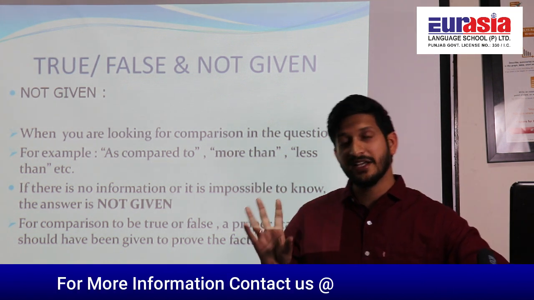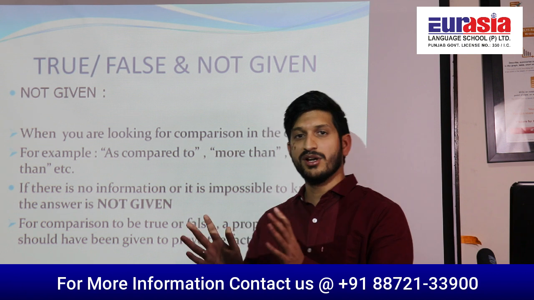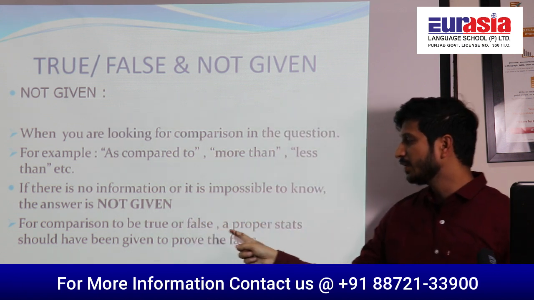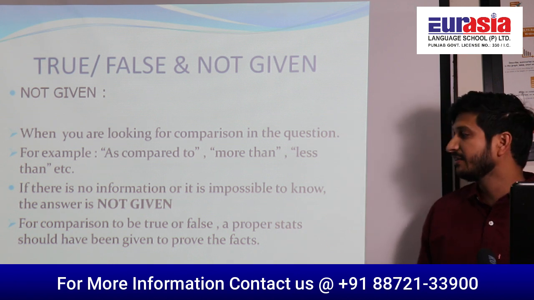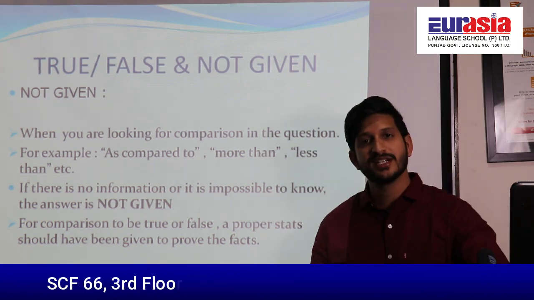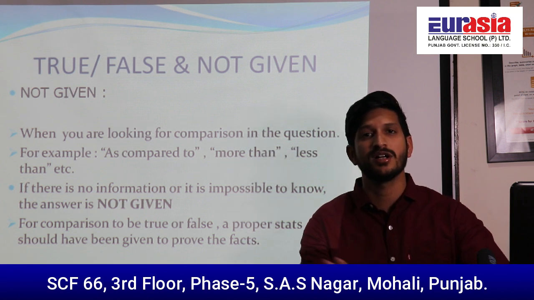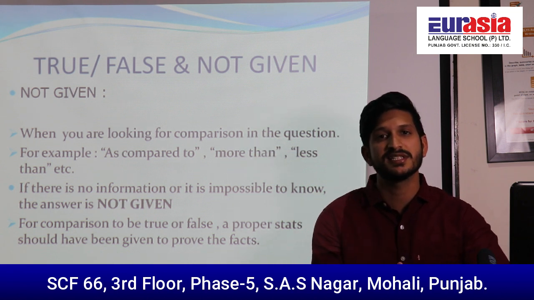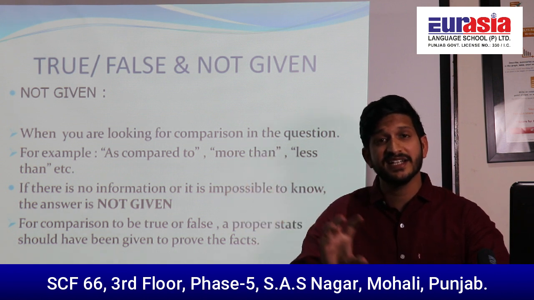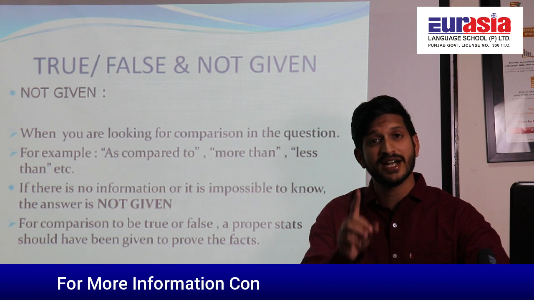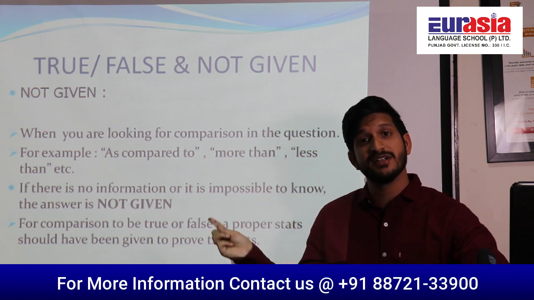When comparing, if it has to fall in the true and false category, for that a proper stat should have been given to prove the fact. For example, a proper fact as in Chandigarh has been cleaned up by 80% or Mohali has been cleaned up only 60%. A stat is there. In that case, if they say as compared to Chandigarh, Mohali is less clean, that is proving correct because the stats were given earlier in the text.